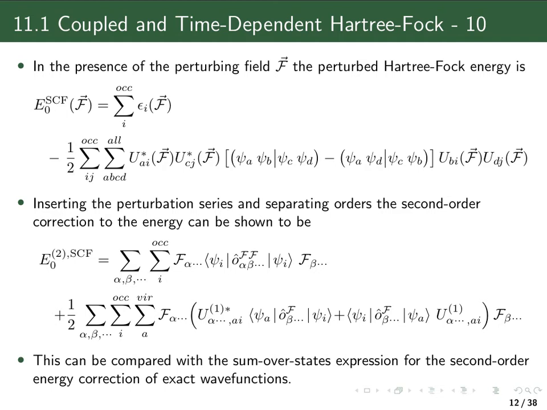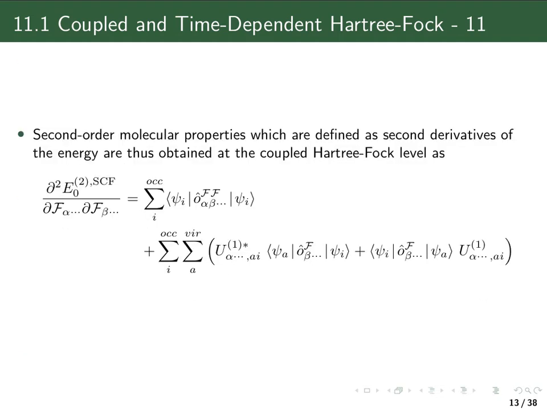In order to get second order properties, we of course take the derivative of this expression with respect to two components of the fields, which is trivial because I had written up the expression already with the fields explicitly written out. We then get the coupled perturbed Hartree-Fock expression for a second order molecular property like a static polarizability or magnetizability or the paramagnetic contribution to a shielding constant.